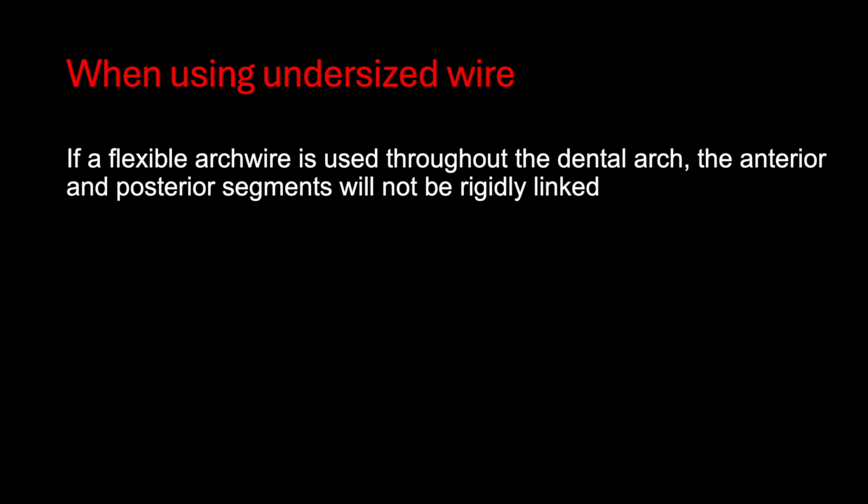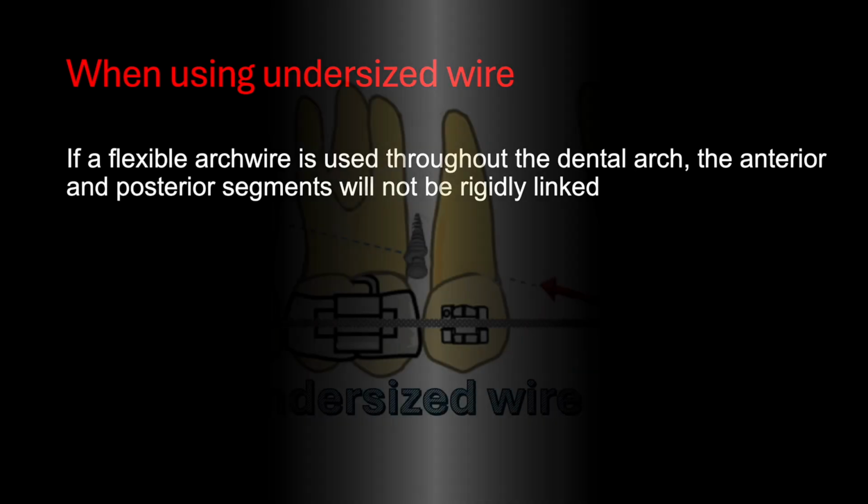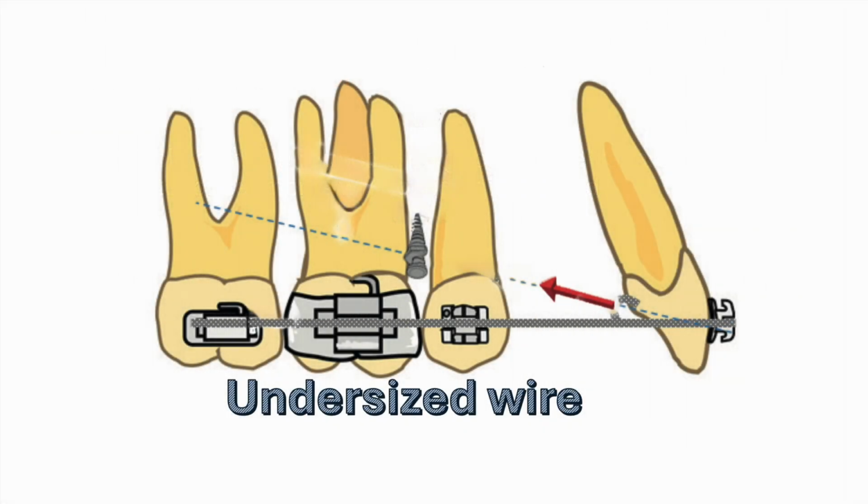When a flexible arch wire is used throughout the dental arch, the anterior and posterior segments will not be rigidly linked. So, the first active unit is the anterior segment.